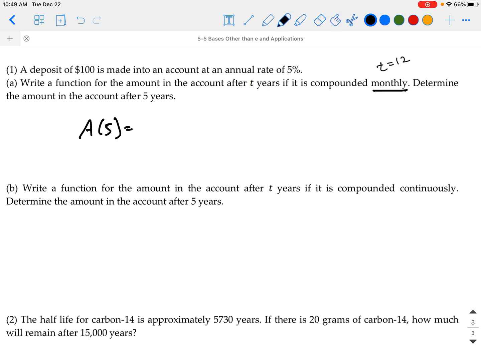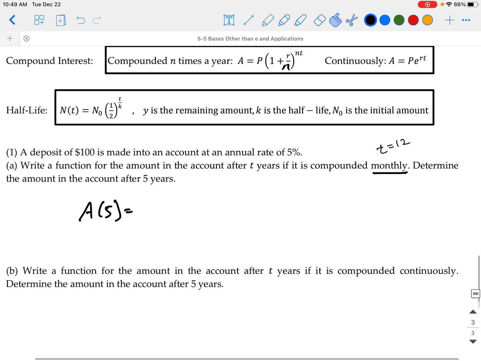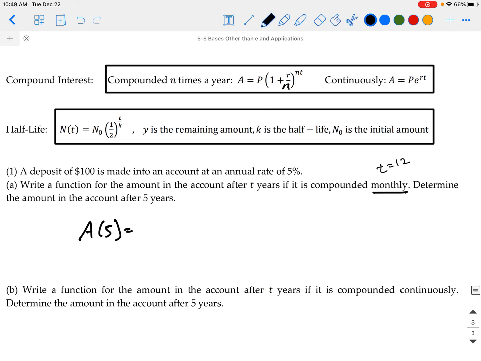So then A of 5 is going to equal, let's see. So P, our initial principal, is $100. Our rate is 5%. Note the rate's going to have to be the percentage as a decimal. And then divided by 12.